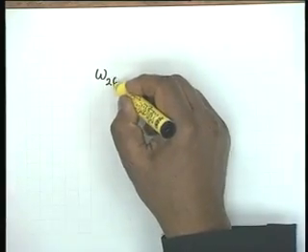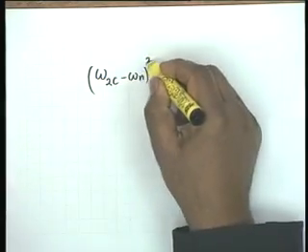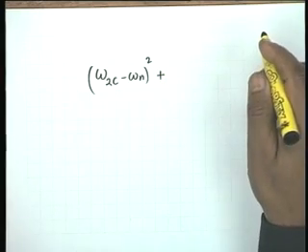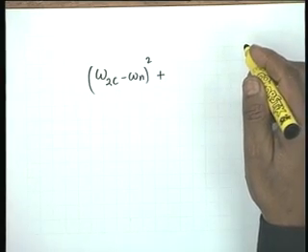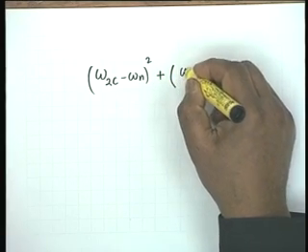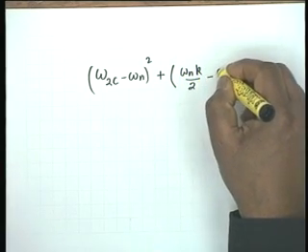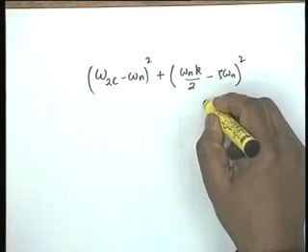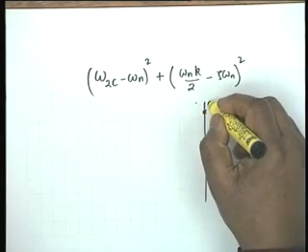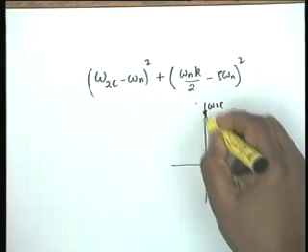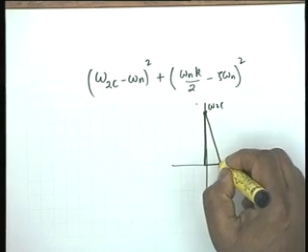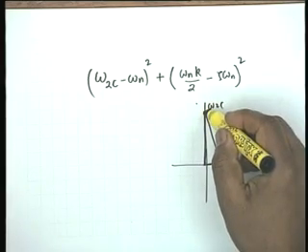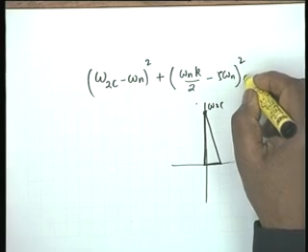Okay, finally, finding out the cutoff frequencies. (omega 2c minus omega n) whole squared plus, if you recall that triangle, we have done this twice, (omega n k by 2 minus zeta omega n) whole squared, this triangle, if this is omega 2c, should be equal to what?